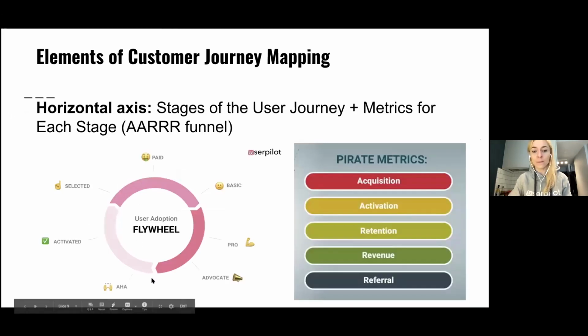Moving on, I'm focusing again on the horizontal axis, so the stages of the user journey, plus the metrics that you want to measure and ultimately improve or affect at each stage. I like to represent the user journey as a flywheel, right?